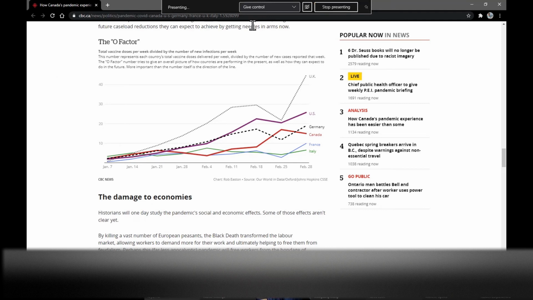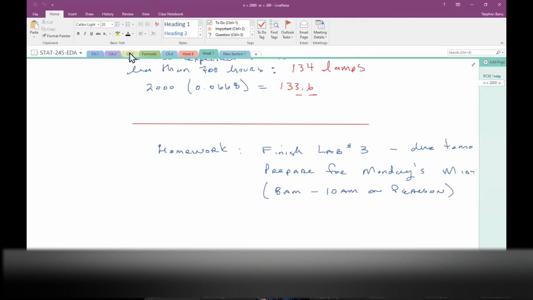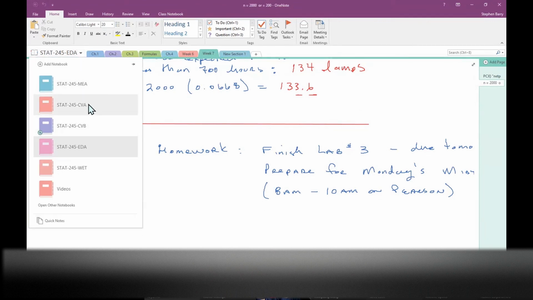And I like this one here. This is a good statistic. So the total vaccine doses per week divided by the number of new infections per week. So again, as a stats teacher, I love any sort of new index. And I haven't heard that one before. So thanks for bringing that to my attention.